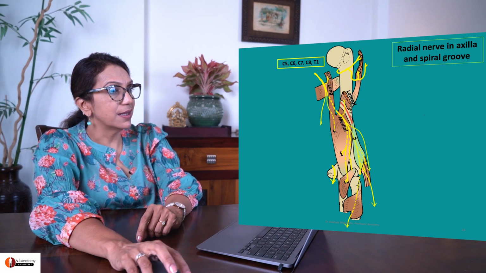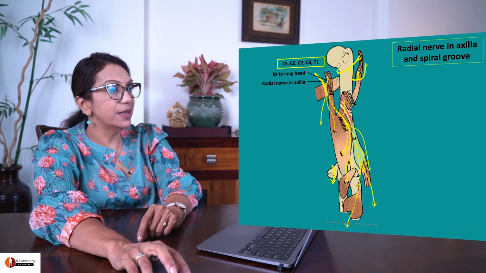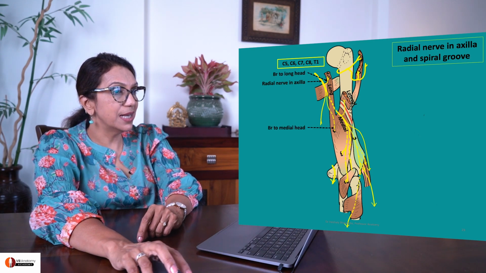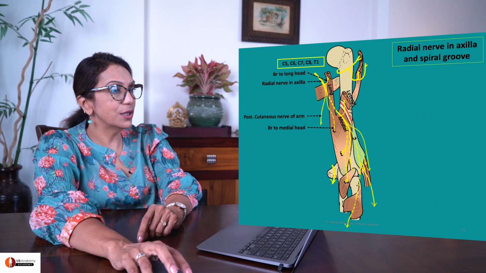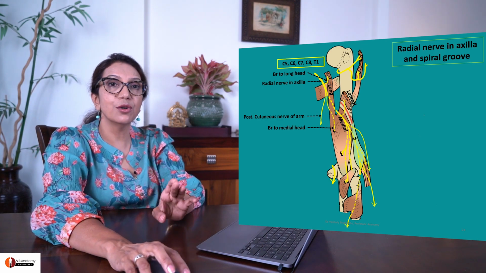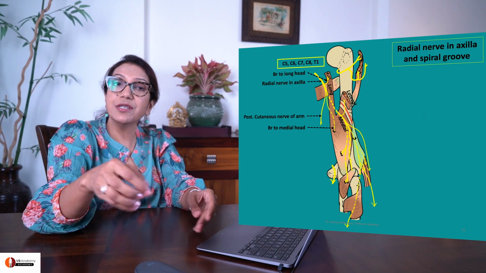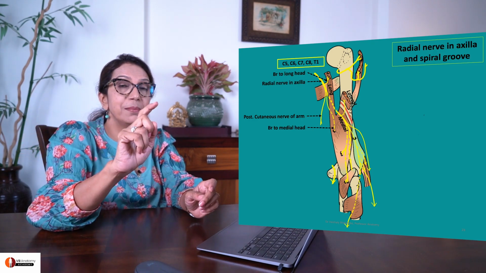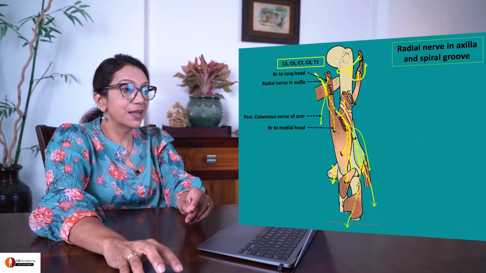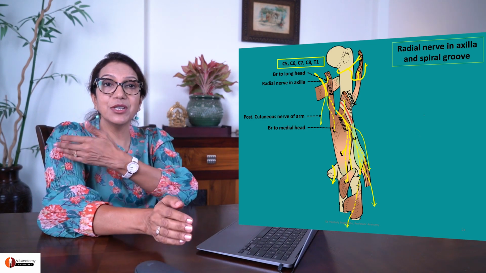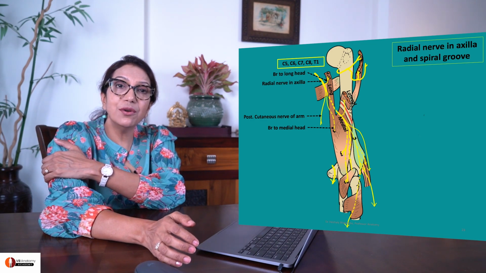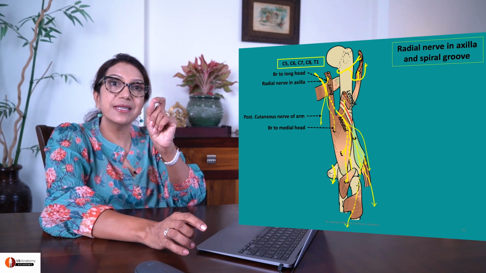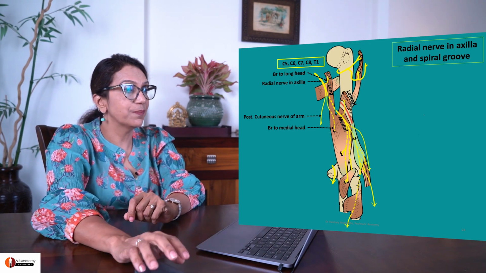In the axilla, the radial nerve gives rise to a branch to the long head, a branch to the medial head, and also a posterior cutaneous nerve of arm. All these branches are already given off in the axilla. So now imagine that if the radial nerve is damaged distally, will it lose control of triceps? No, the triceps will continue to function.